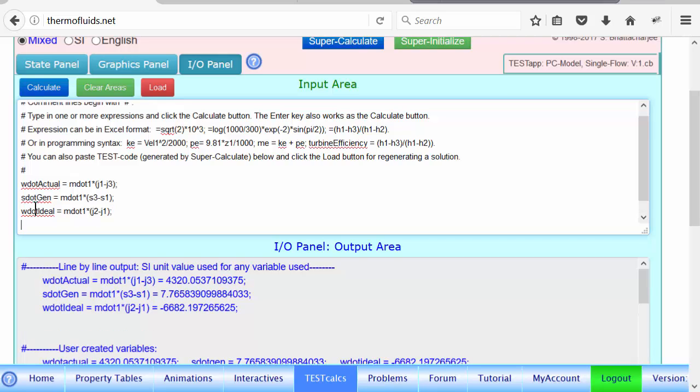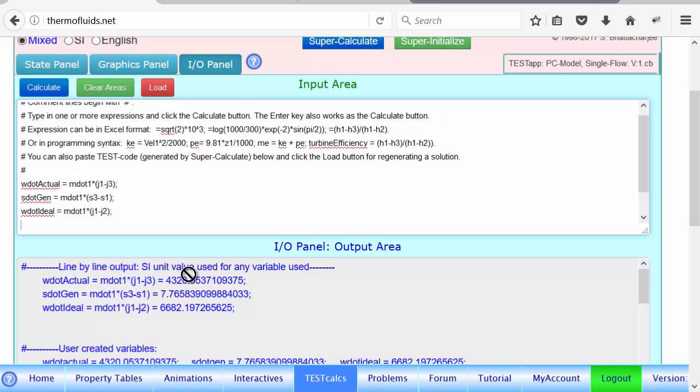Oh, sorry, again I made the same mistake, J1 minus J2. J1 being higher, J1 is what is coming in, and what is going out, the flow energy, will be less because energy is extracted by the blade, by the shaft. So look, the ideal work is way higher than the actual work.